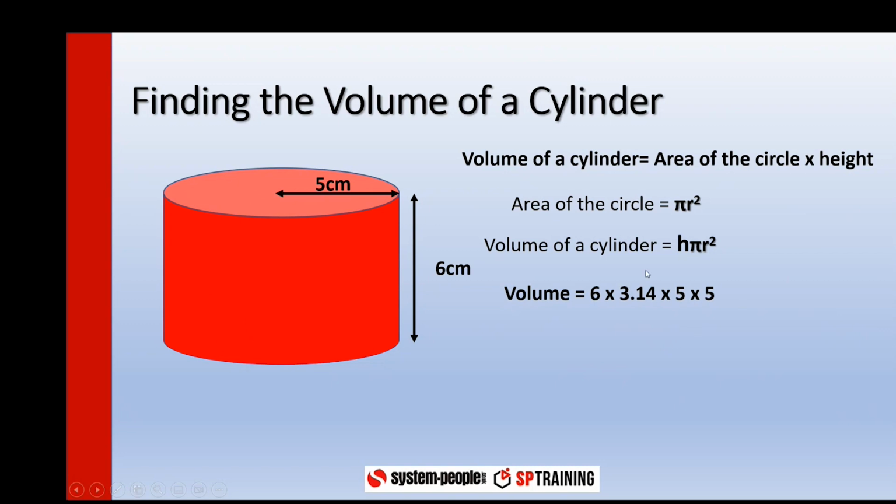And we put all the numbers together in the formula, 6 being the height, 3.14 being the value of pi, and 5 being the radius, which we're multiplying by itself. So then we put all that into the calculator and we come up with 471 centimeters cubed. And again, it's cubed because there's 3 dimensions.